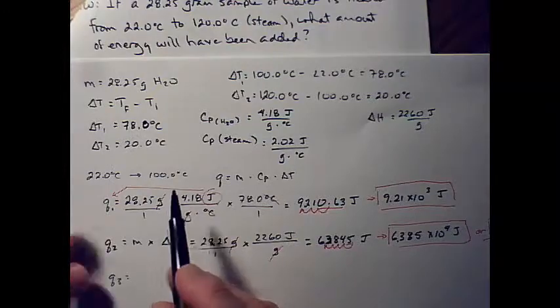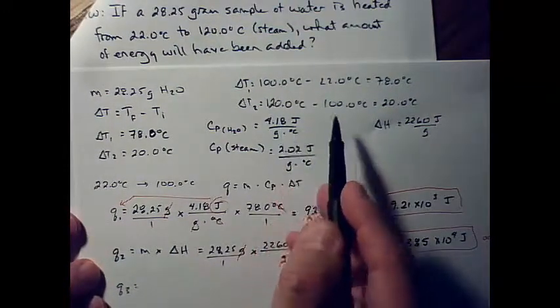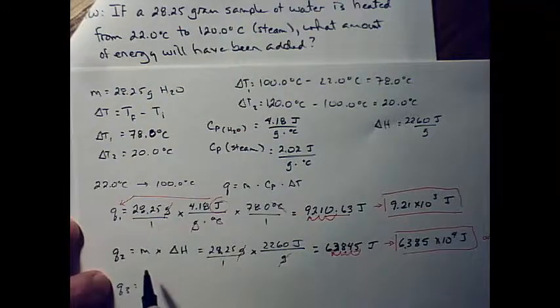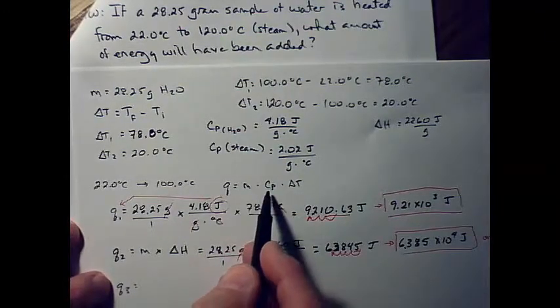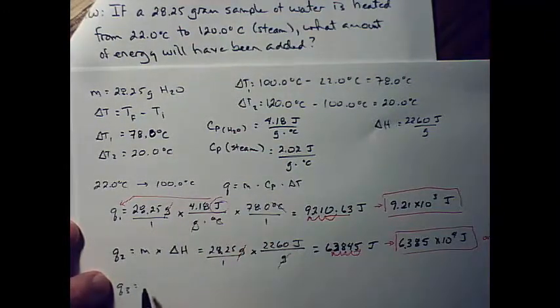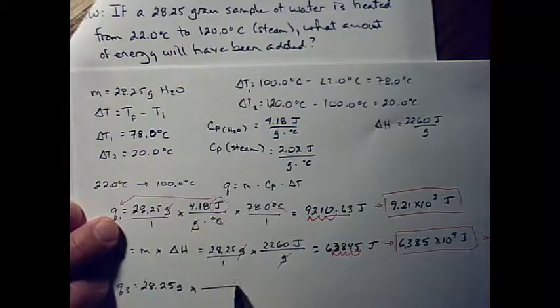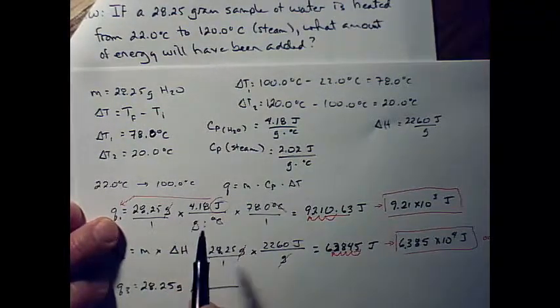All right, then Q3 is where we're changing the temperature from 100 degrees up to 120 degrees. So that goes back to that original equation where we had mass times specific heat times delta T. So we still have 28.25. We're still working with the same sample of water. But our specific heat number is going to be different.